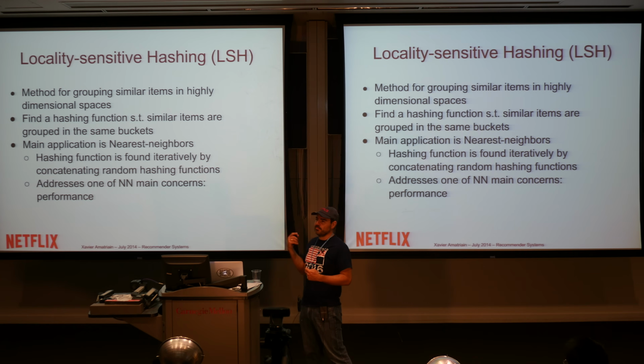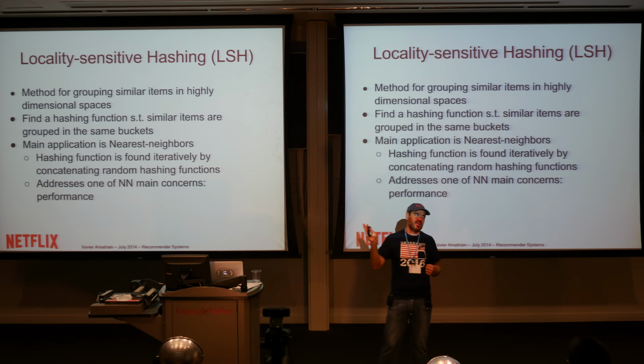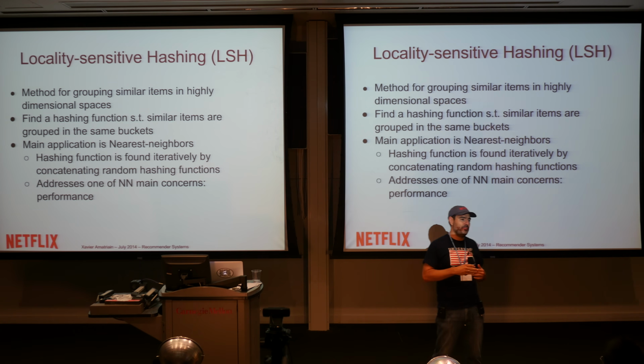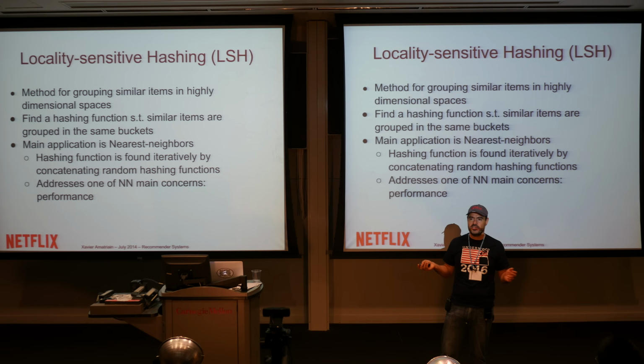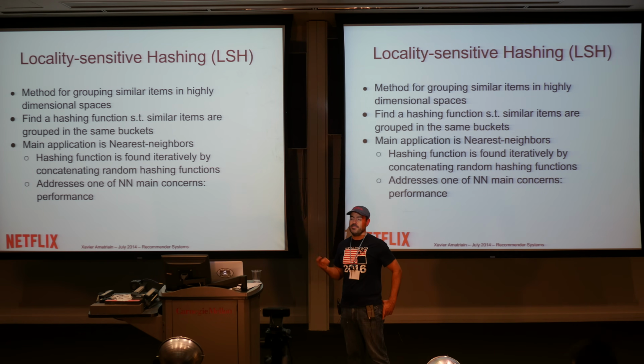And then you address one of the main concerns that we have with nearest neighbors, which was the performance and also the sparsity, which is related, right? So I put LSH here as an approach that is sort of halfway between clustering and nearest neighbor, but it's a very interesting approach that has found some practical applications.